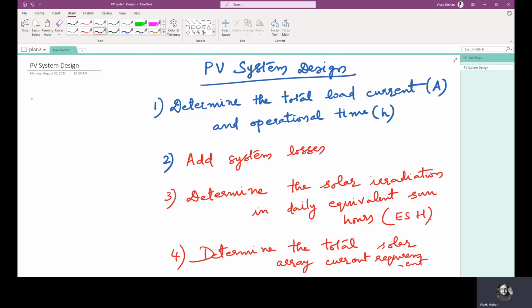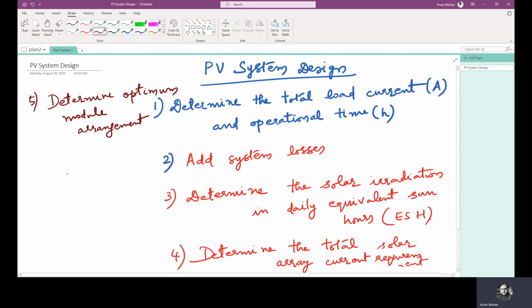Now the fifth step is determine optimum module arrangement. Then the sixth one is determine battery size.